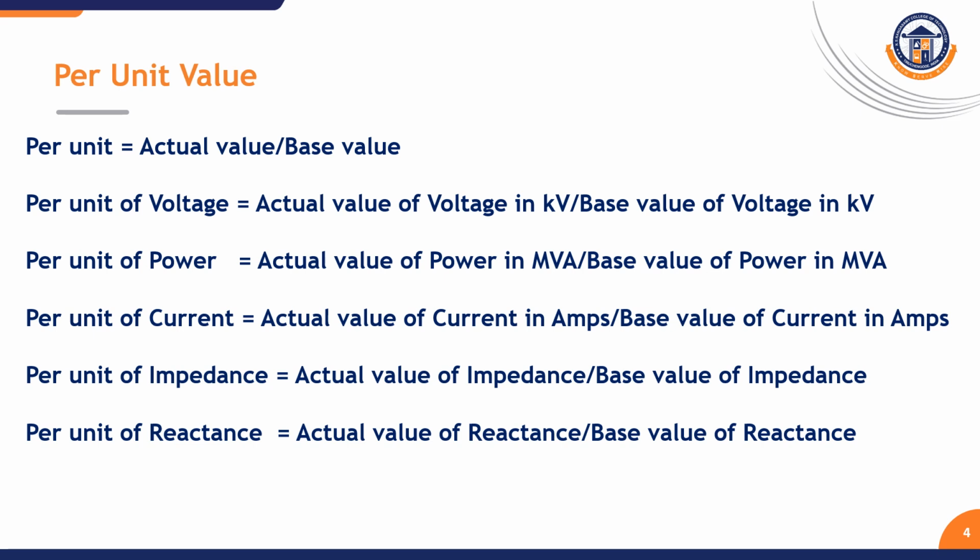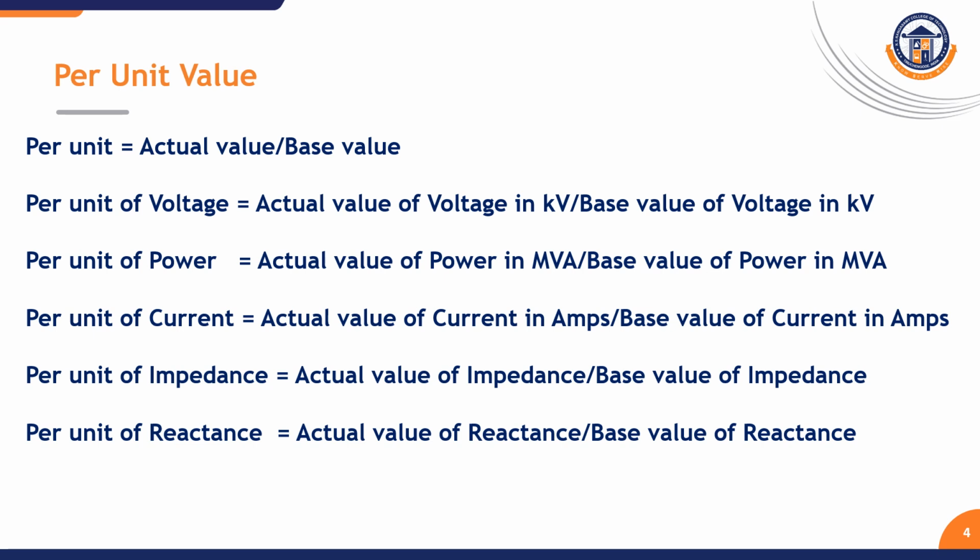The second one, per unit value of power, is the actual value of power in MVA by the base value of power in MVA. Numerator and denominator use the same unit for power too. Then from the base values of voltage and power, the remaining per unit quantities are derived.